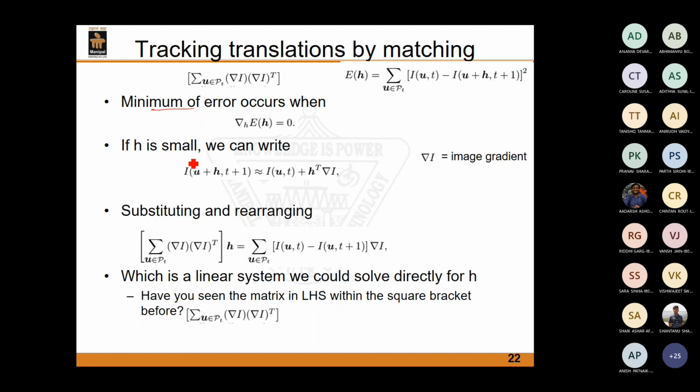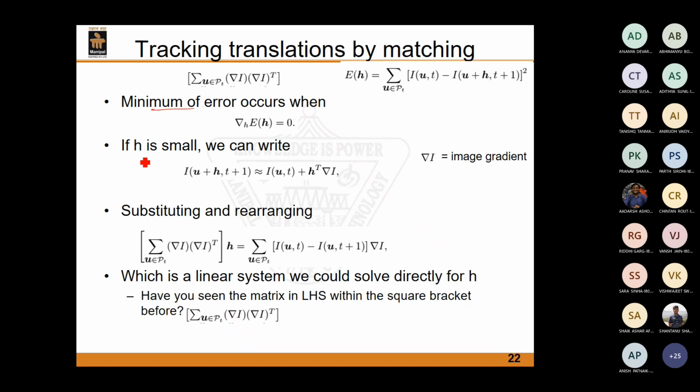In this case, you can differentiate it with respect to the variable h, which is the translational transformation that has to be found. So I can write this as del_h E(h) equal to 0, where del_h means differentiation with respect to h.